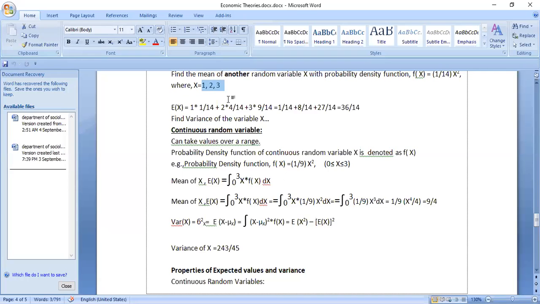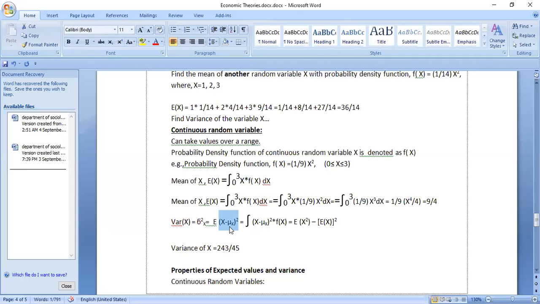The formula for variance. Yes. So here it's a square. It's saying variance of x is actually expected value of this square, x minus mu. What is mu? Mu is the mean of random variable x.